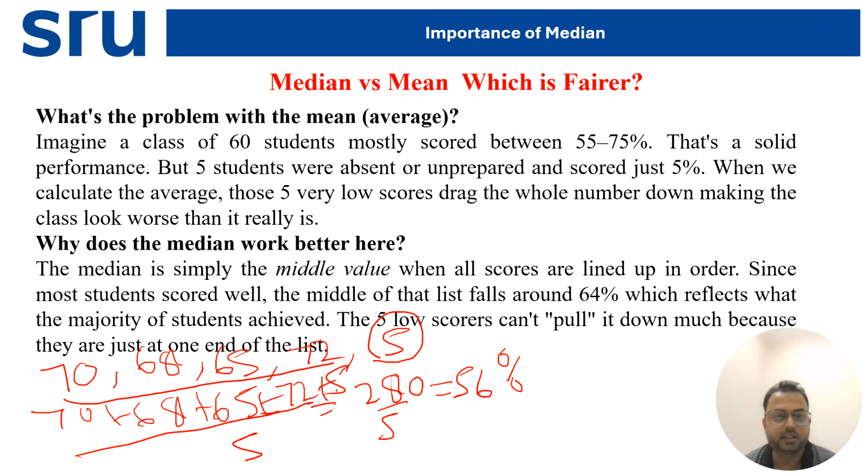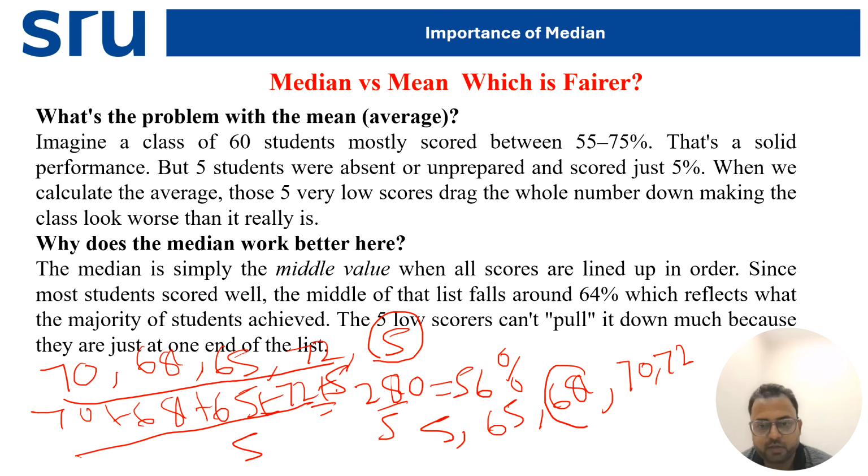but we can see here if we arrange their marks in ascending order and find the middle value. In ascending order: 5, then 65, then 68, then 70, and then 72. The middle value of this list is 68, which reflects what most students actually scored.